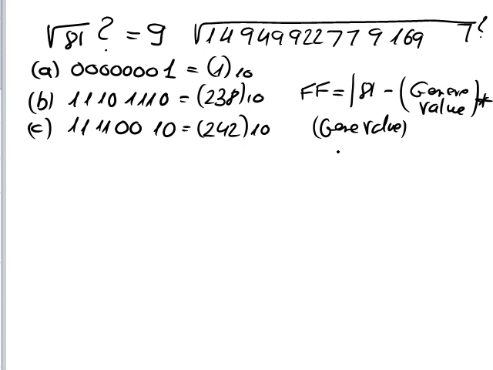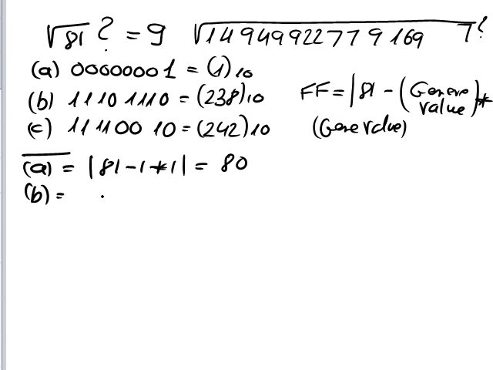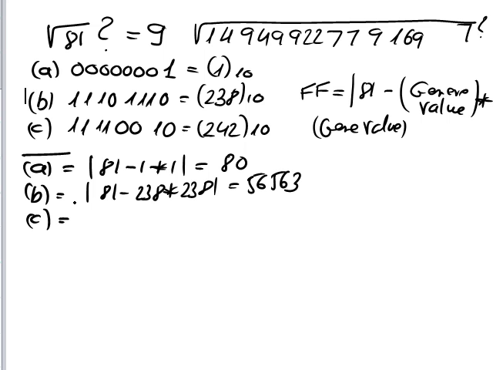Testing this fitness, we find out that A equals 81 minus 1, which is 80. B is the absolute value of 81 minus 238 multiplied by 238, which is 56563, and C is the absolute value of 81 minus 242 multiplied by 242, which is 58483.